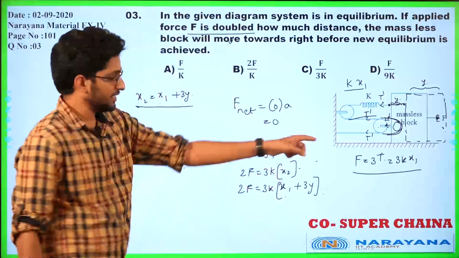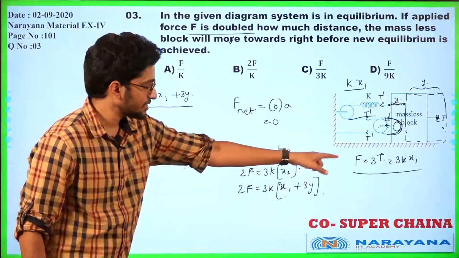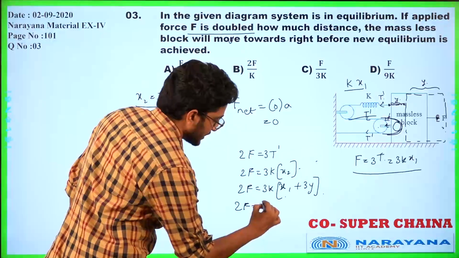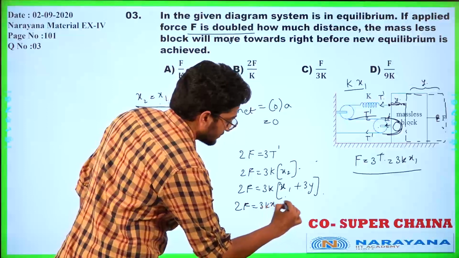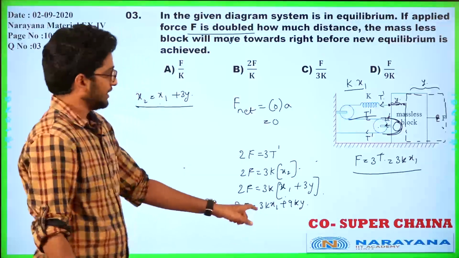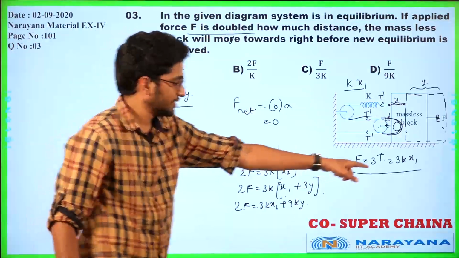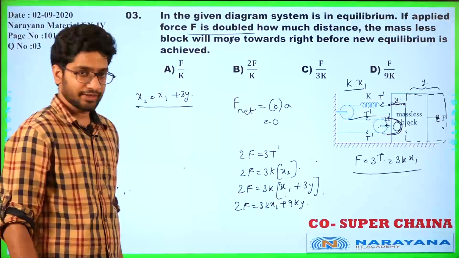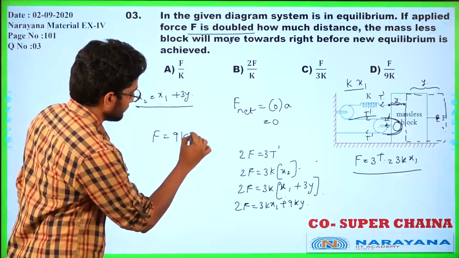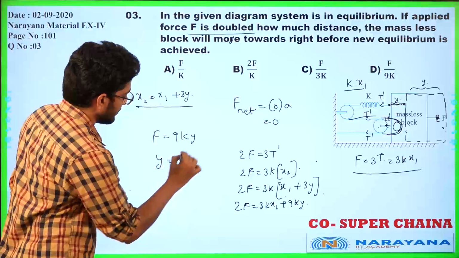And what is 3k x1 here? 3k x1 value is simply f. So I say 2f is 3k x1 plus 9ky. And 3k x1 is just f, so I substitute f here. So I finally get f equals 9ky and y equals f by 9k.